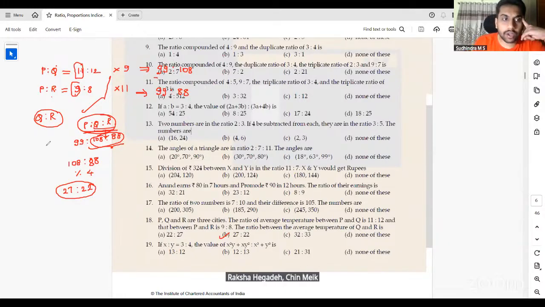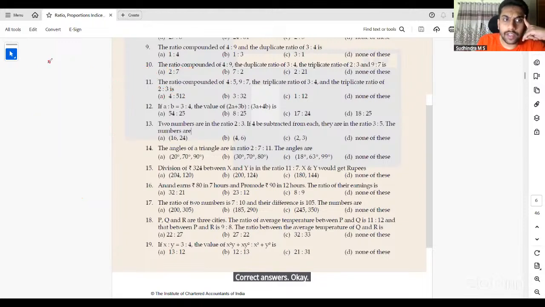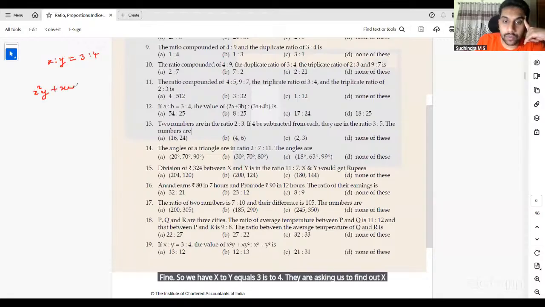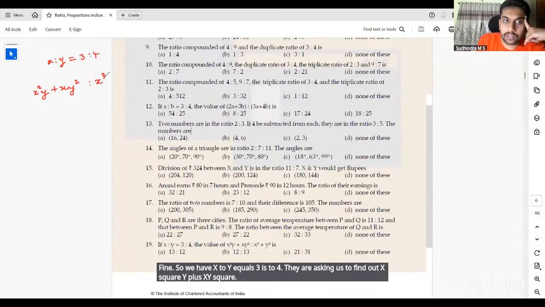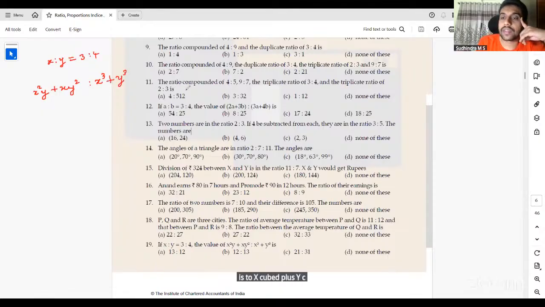Correct answers. Okay, fine. So we have x is to y equals 3 is to 4. They are asking us to find x square y plus xy square is to x cube plus y cube. How are we doing this? Just substituting.